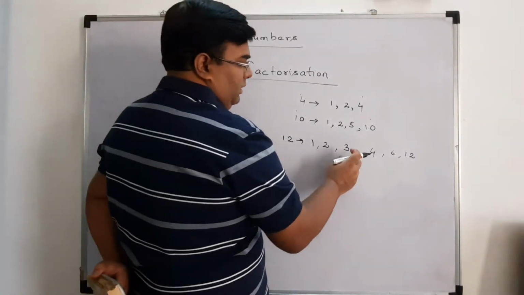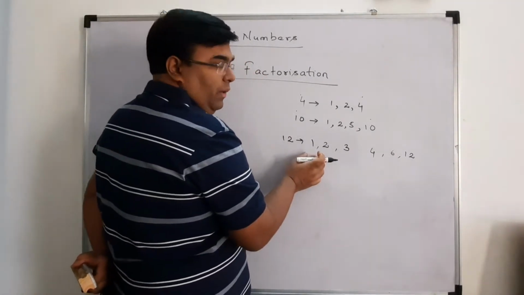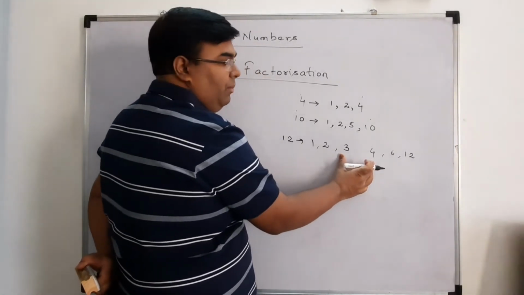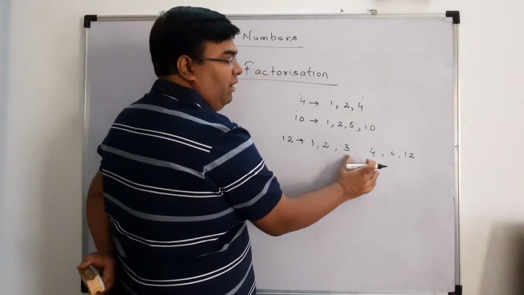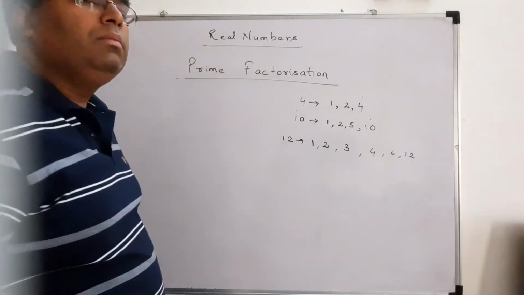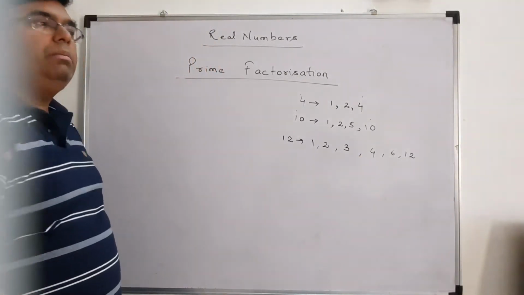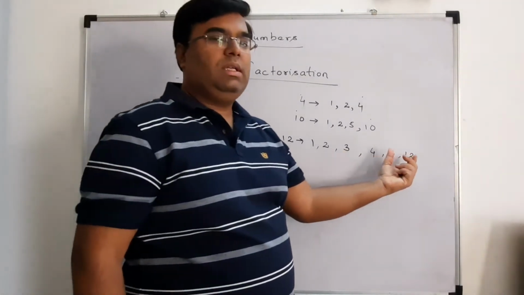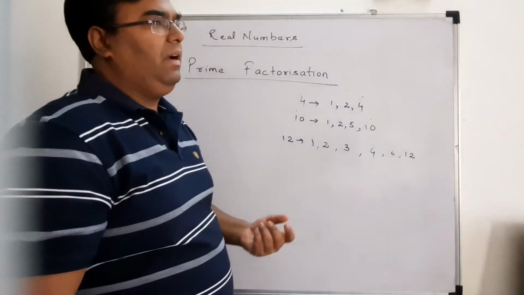Now see, you are increasing from here, decreasing from here, and somewhere you will meet. So in between 3 and 4 there is no number. So we have got our complete factors. Right? So 1, 2, 3, 4, 6, 12. These are the factors.